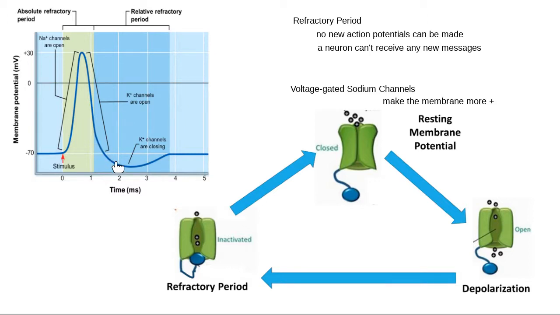It's going to take a lot to make me go more positive. During the absolute refractory period, I don't care how many chemically gated sodium channels you open up. My voltage-gated sodium channels are out of commission. Either they're already open and pumping in sodium, or they're open and they're blocked. It doesn't matter. I can't respond at all. I can't do anything in my absolute refractory period.